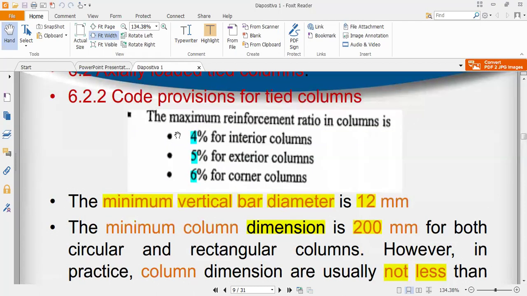You should maintain these values: 4% for interior columns, 5% for exterior columns, and 6% for corner columns. You understand this? This is important for understanding the maximum area steel ratio, the maximum reinforcement ratio, 4% of the area of the cross section of the column.